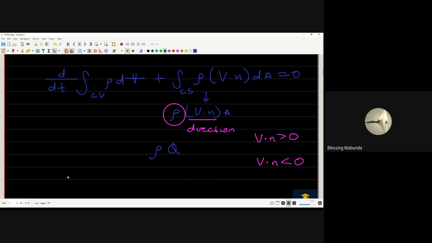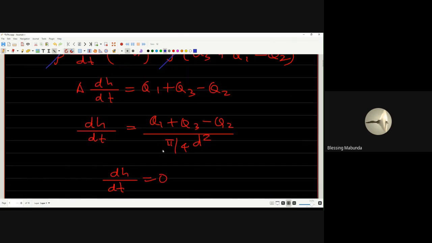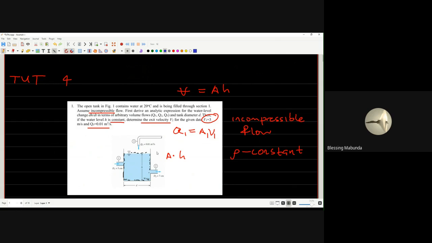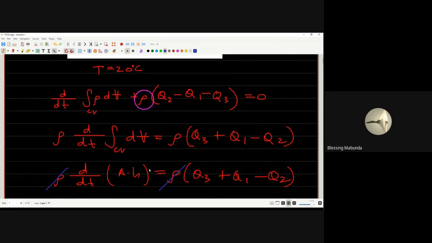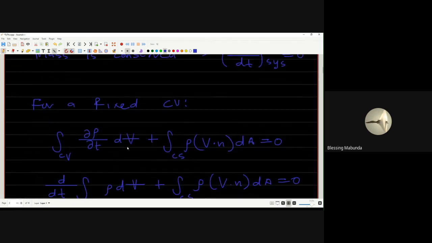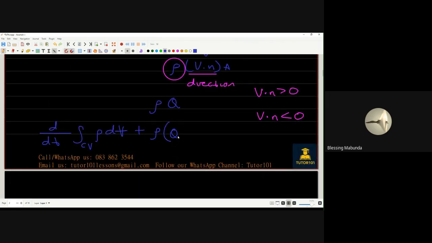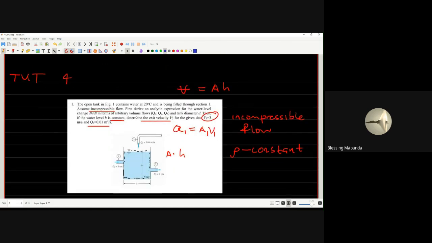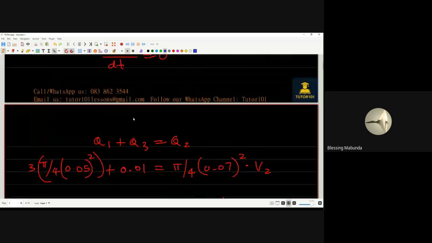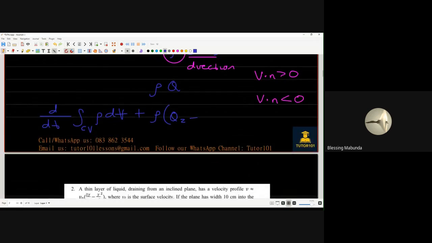So once you simplify that, that is going to be d dt of rho C plus rho, and then for our inlet here, the two inlets are going to be negative while the outlet is positive, just like you can see here. So this is positive Q2 minus Q1 minus Q3, that is equal to 0.